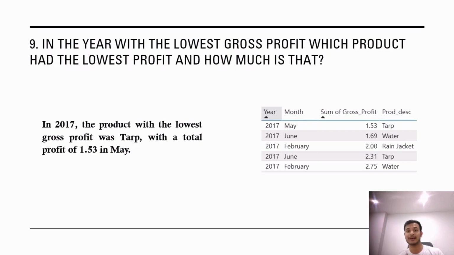For this, the dataset was filtered for the year 2017, which had the lowest overall gross profit, and by grouping the data by product and month, and then sorting the gross profit in ascending order, we identified that TARP had the lowest recorded profit of 1.53 in May 2017, making it the least profitable product of the year.